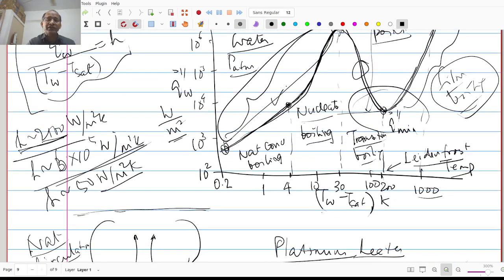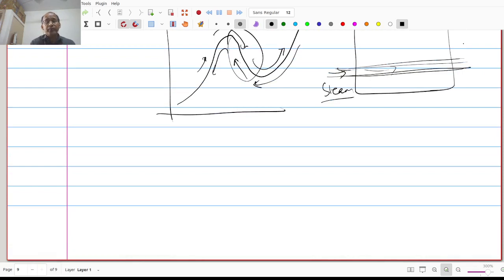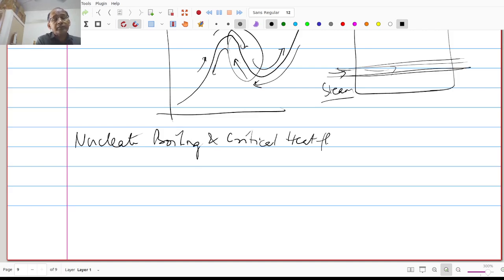One part which looks at the natural convection and nucleate boiling region, and the other part that looks at the film boiling region. So we'll look at them closely from now on. So, nucleate boiling and critical heat flux. Critical heat flux is quite frequently abbreviated as CHF.